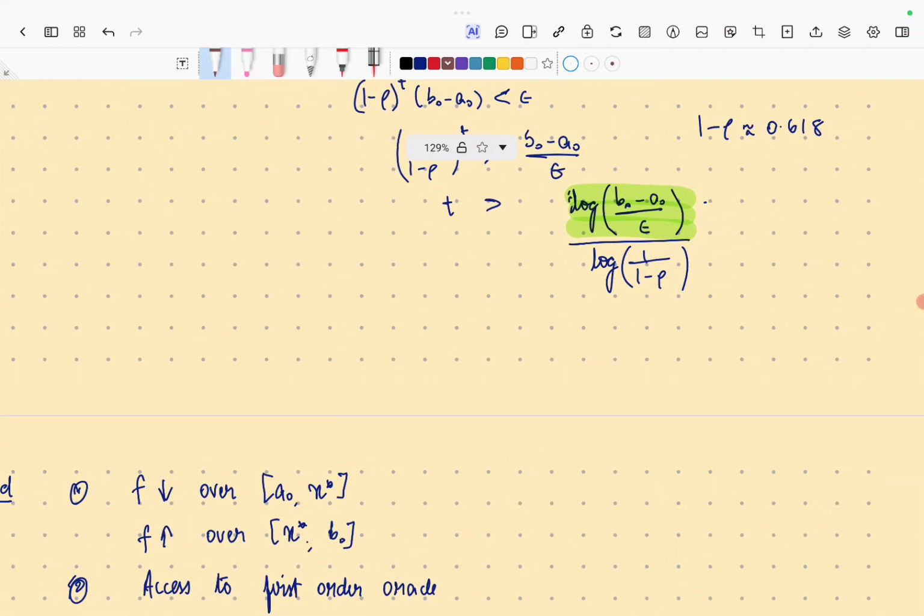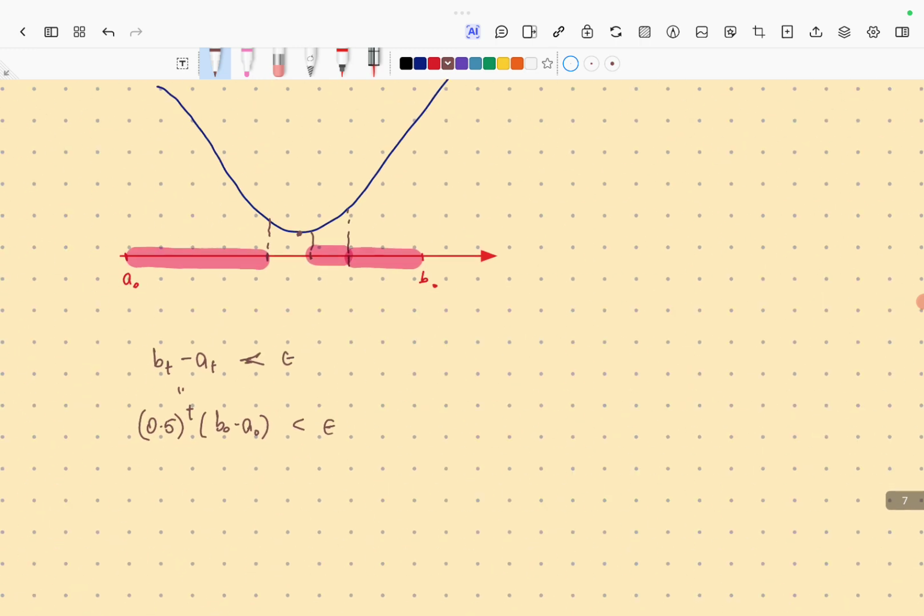Earlier I had t greater than log of (b0 minus a0) by epsilon divided by log of 1 by 1 minus rho. Now effectively it just becomes t should be greater than log of (b0 minus a0) divided by epsilon, divided by log 2.